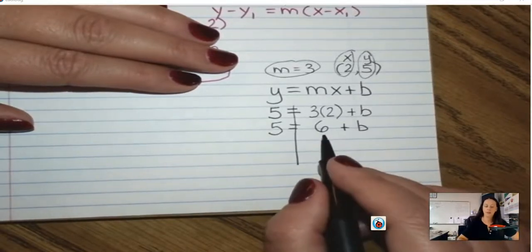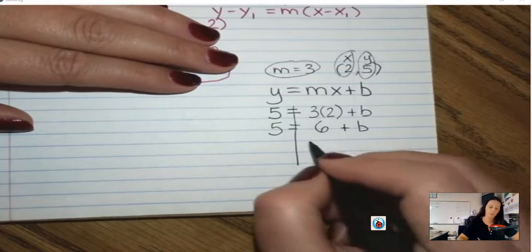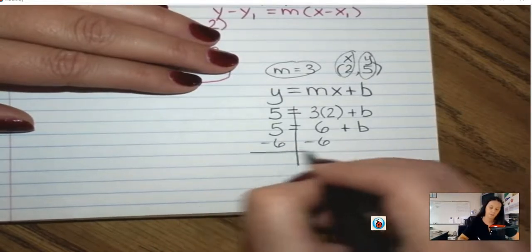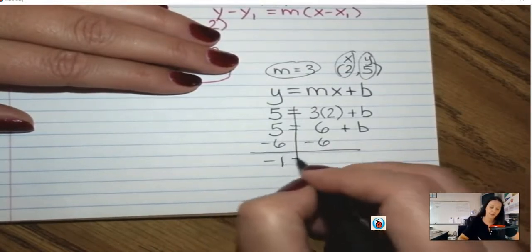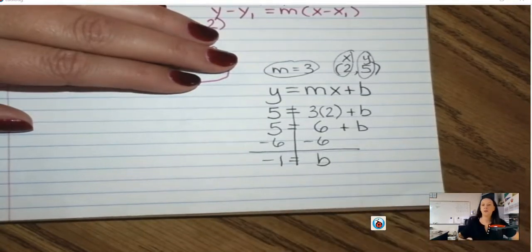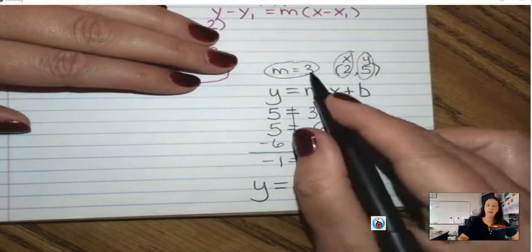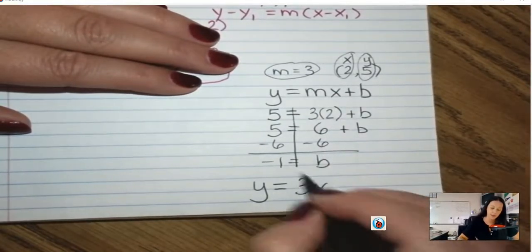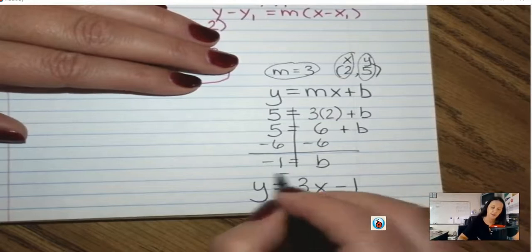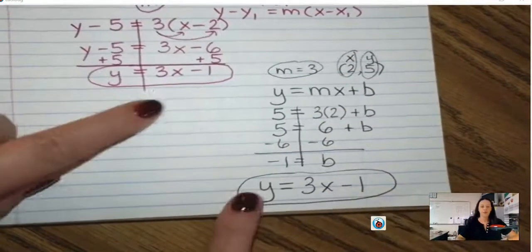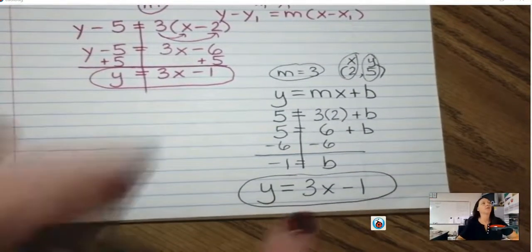Get rid of the constant, so get rid of positive 6. 5 take away 6 is negative 1. So your b value would be negative 1. So the equation is y equals, we know the m, the slope, y equals 3x, and then the y-intercept is negative 1. You should have the same exact slope-intercept form.